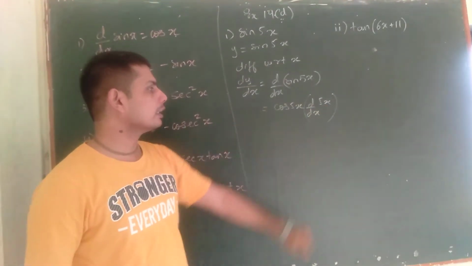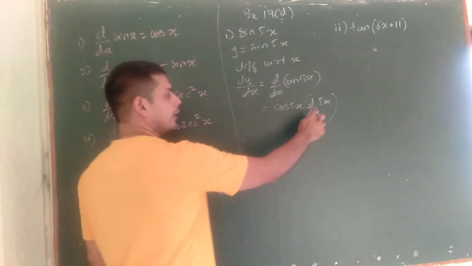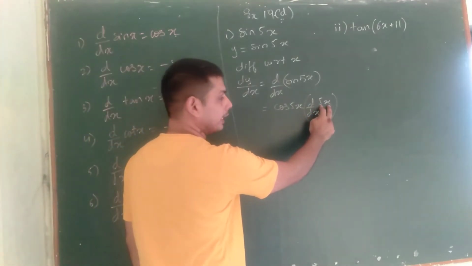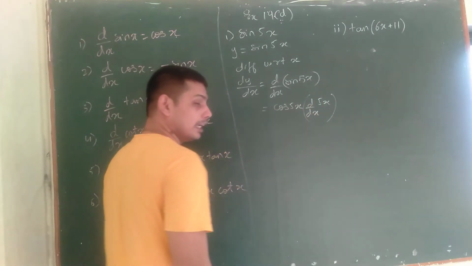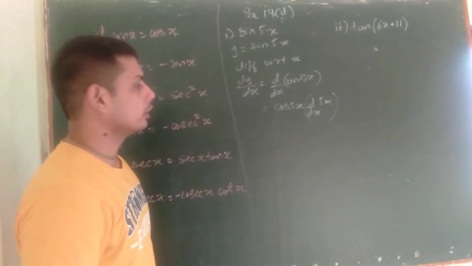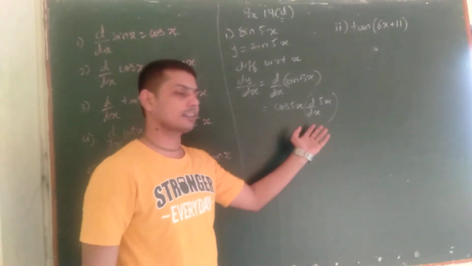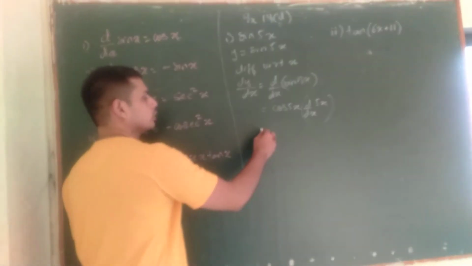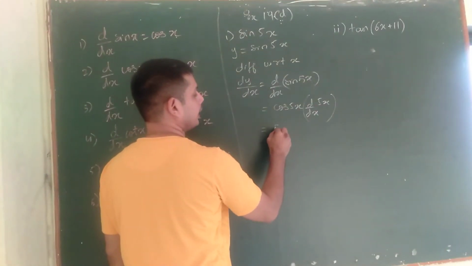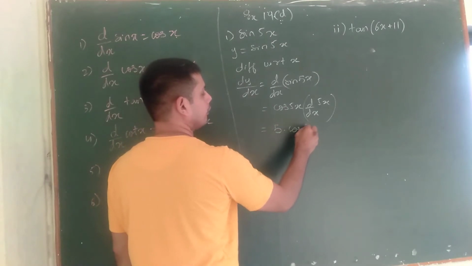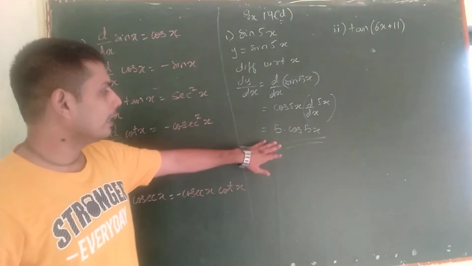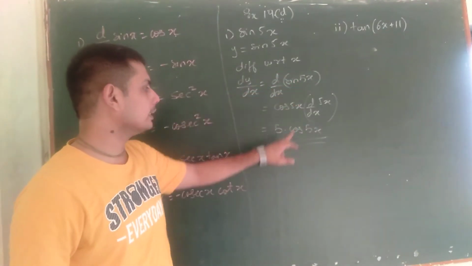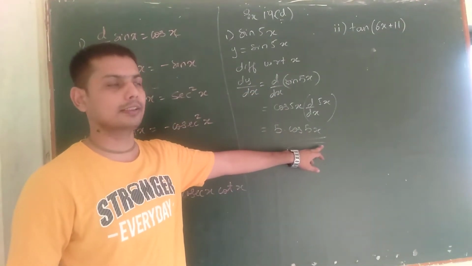Now, the derivative of 5x: since 5 is a constant multiplied with x, 5 comes outside of this operator and this is just the derivative of x. The derivative of x with respect to x is 1, right? So I write the 5 at first, and this is 5 into cos 5x. Therefore, the derivative of sin 5x is 5 into cos 5x.